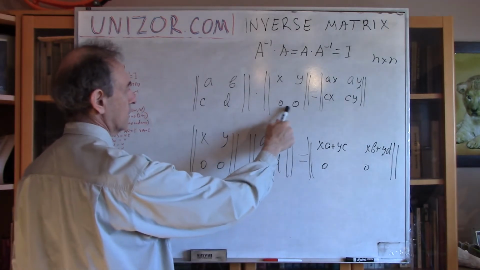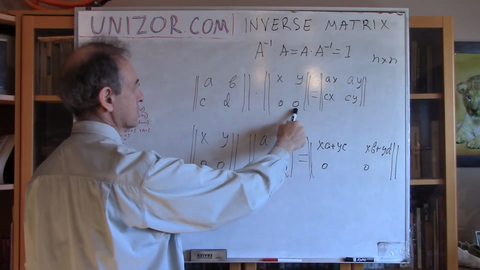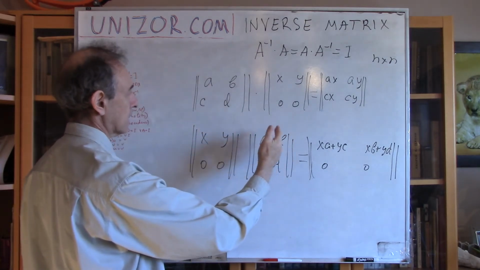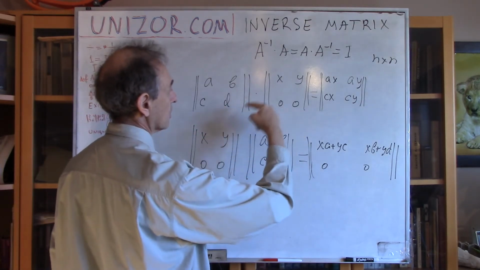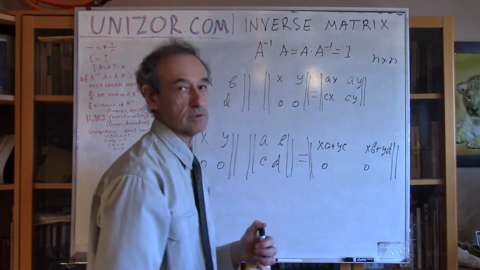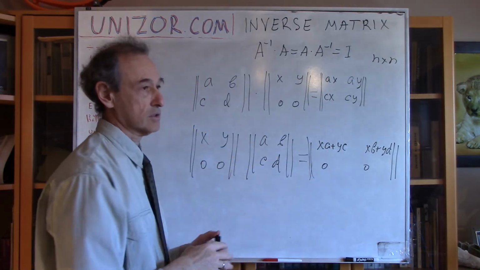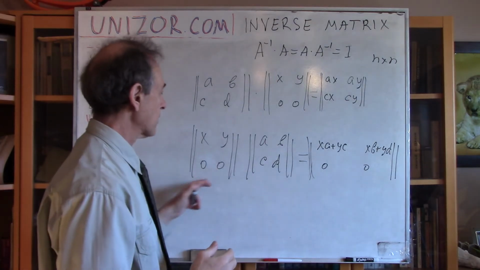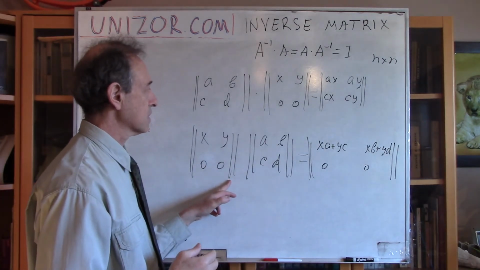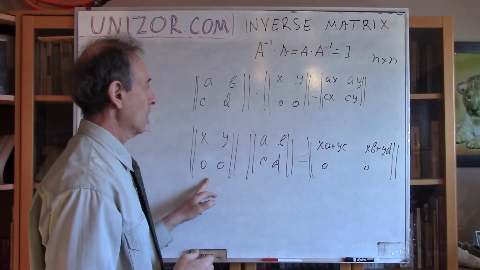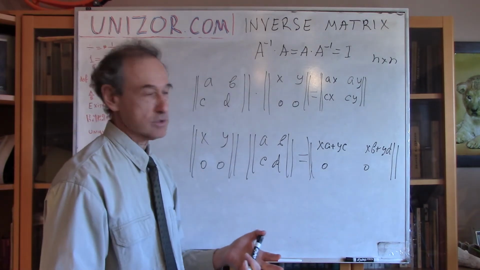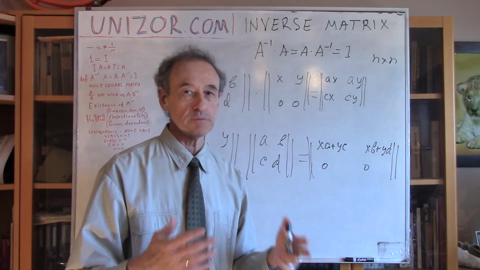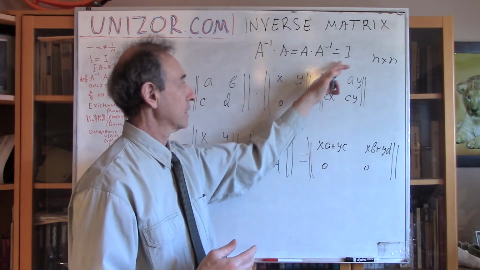Now, if you have the column equal to 0, then the situation would be slightly different. The multiplication on the right would give you a column equal to 0, and on the left not. So one of these cases will always be present. If either a row is equal to 0 in our matrix A, or a column equals 0, one of these products will definitely not be an identity matrix.